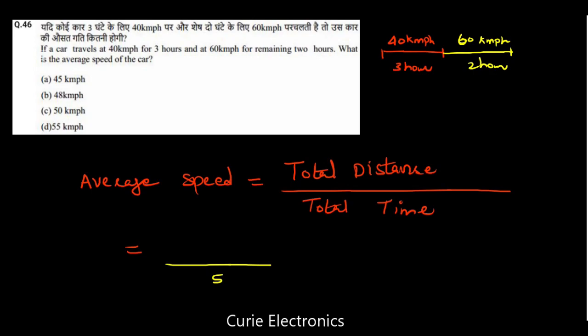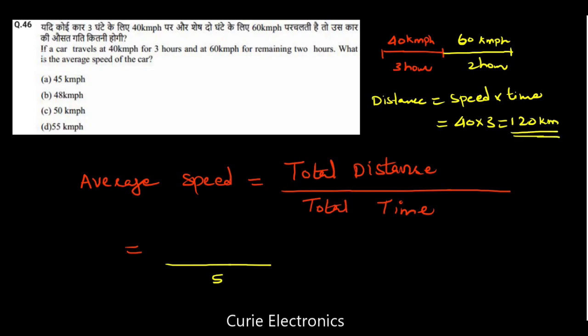But what is the total distance? Three hours he has traveled at 40 kilometer per hour. So distance is what? Distance equals speed multiplied by time. So 40 multiplied by 3, you get 120 kilometer.